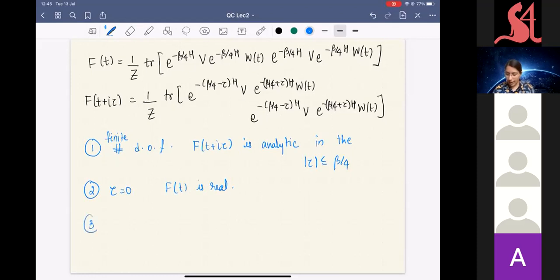At this point, if you have any more questions. Sorry, I didn't understand how was point number 1 automatically satisfied? I mean, independent of the nature of V and W, how are we making this statement? This is verified by some property of traces. Let me just try to recall that.